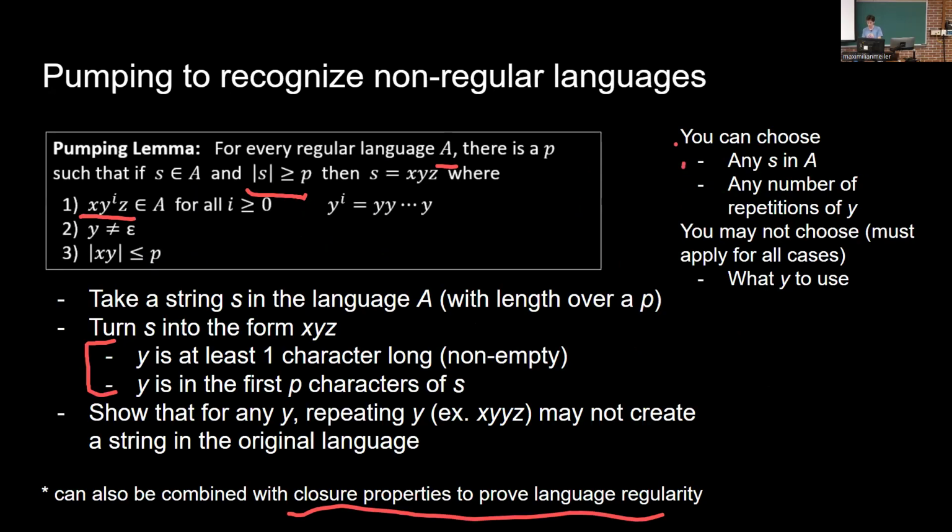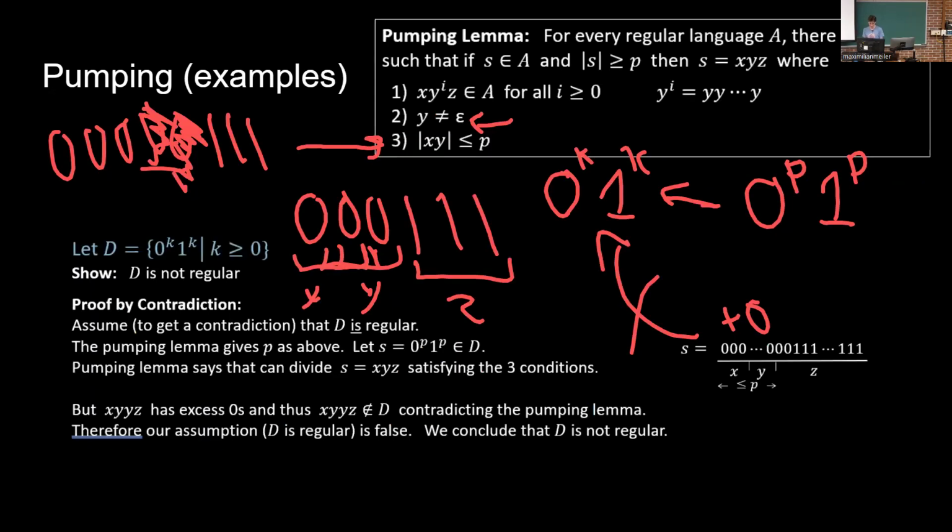Yeah, and one thing to note is when you're proving this, you can choose whatever s you want, and you only have to prove it for one s, and for a certain amount of repetitions. But for y, you have to show that for every single possible y, this will break the original machine, or will not fit in the original language.